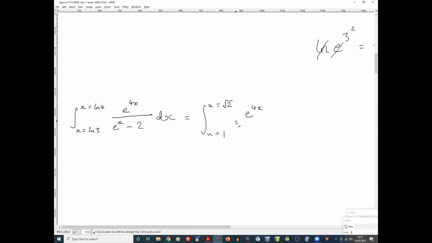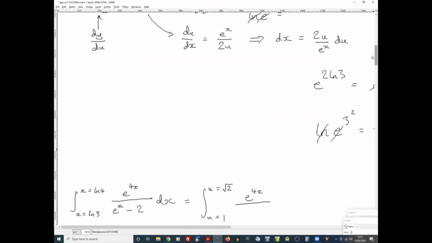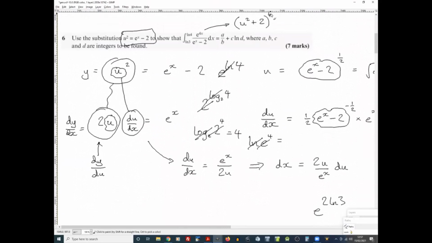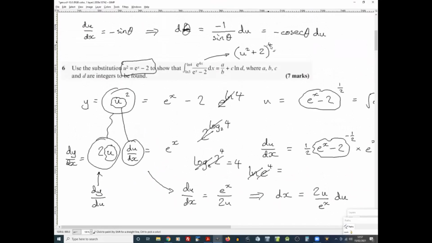Can you see why I'm saying that? It's because I noticed, having failed to notice previously, that this is probably going to end up being power 3 instead of power 4 here.